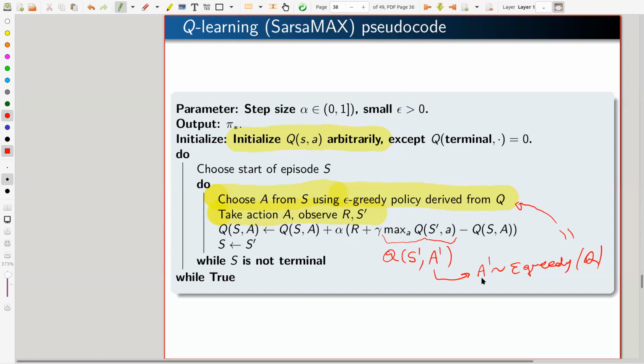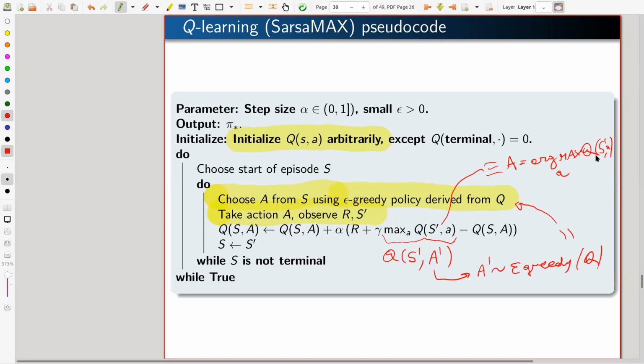So before we were choosing the action in the same way as we were choosing the other actions. Now I'm choosing the action in a different way. You can say, but I'm not choosing an action here, I'm just taking the maximum value of the Q value. Yes, this is equivalent, if you think about it, to choosing the action equal to the argmax over A of Q of S prime, A. Is this clear?